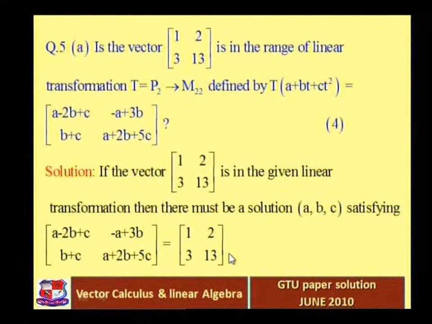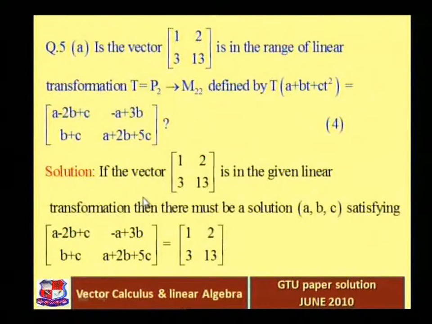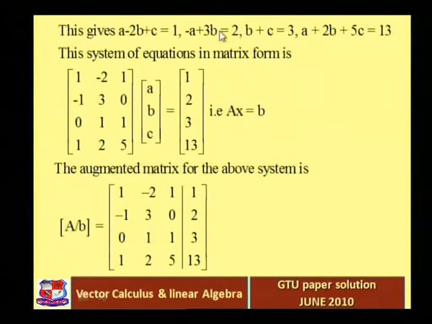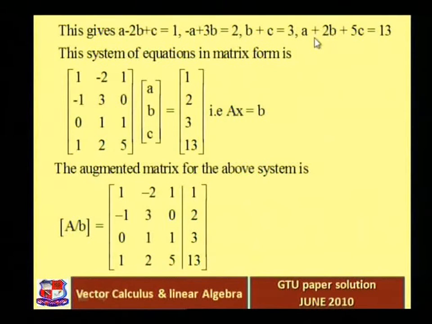So comparing the left hand side and right hand side, you will get A minus 2B plus C is equal to 1, right? Then minus A plus 3B is equal to 2, then B plus C is equal to 3, and A plus 2B plus 5C is equal to 13.